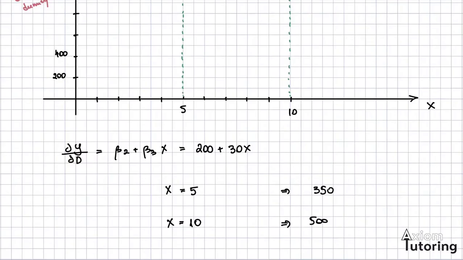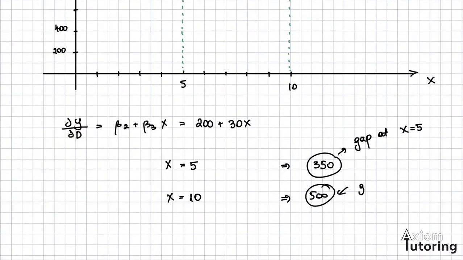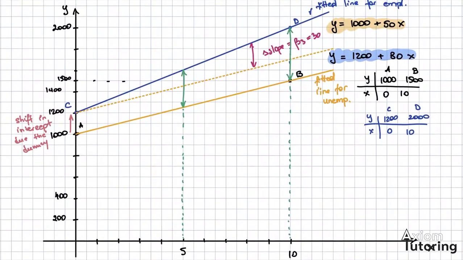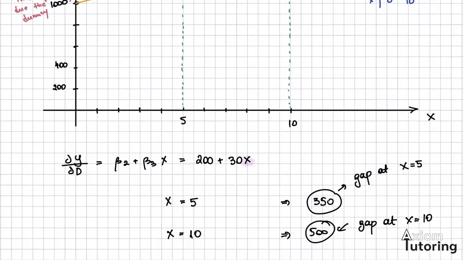Now, the gap: this 350 is the gap at x equals 5, while this 500 is literally the gap at x equals 10. If we look again at the graph, we very clearly pointed out that this distance right here is not the same as this distance right here, because the partial derivative depends on the value of x.